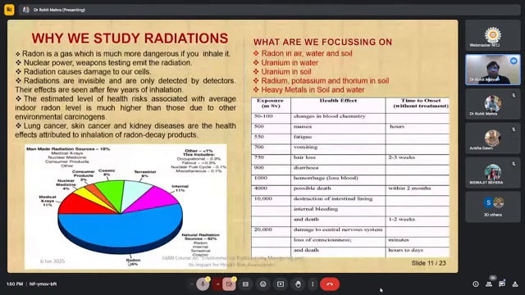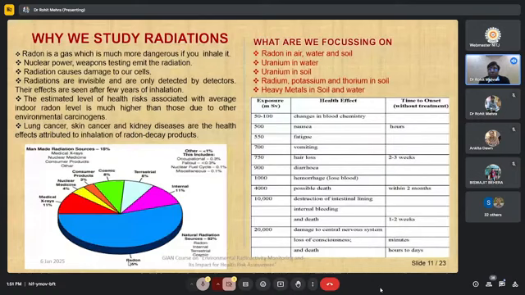These radiations, though invisible, are very dangerous if exposure or absorption is at a rate more than the recommended action levels. The average action level recommended for different radiations is different, and exposure above those levels is always considered dangerous.